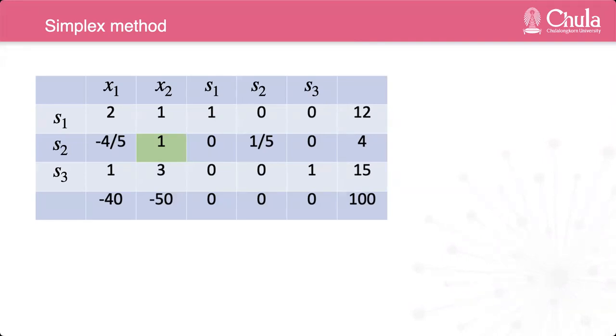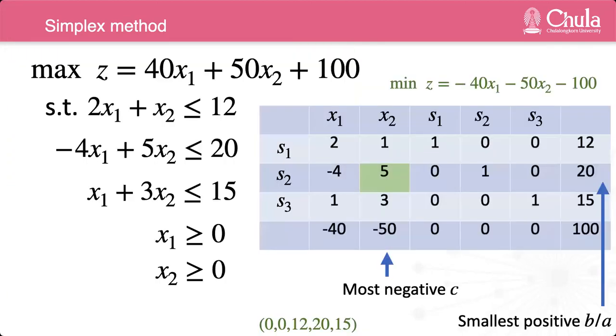So you see that for all basic variables, we convert the table such that the coefficient of the basic variable becomes 1. At the beginning, we did nothing because the coefficients are 1, right? This 1, 1, 1. Then S1 is 12, S2 is 20, S3 is 15, right?